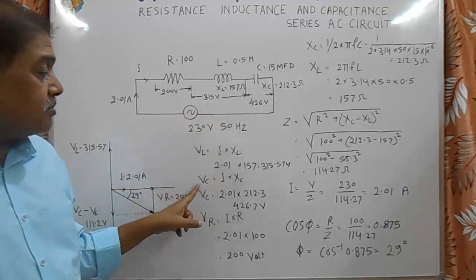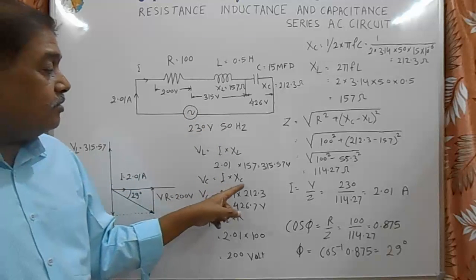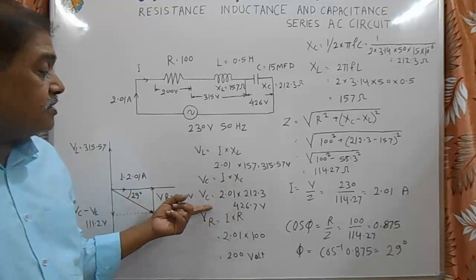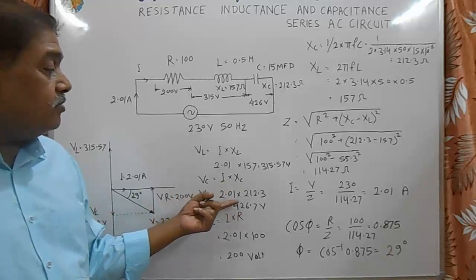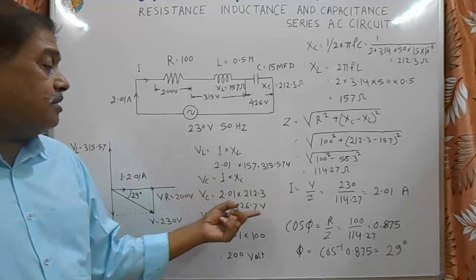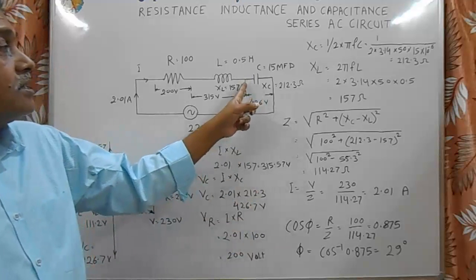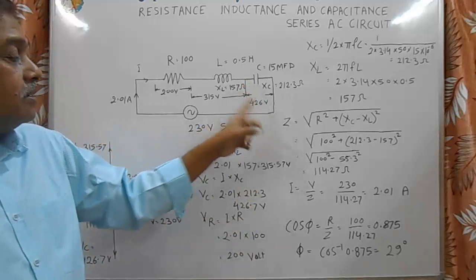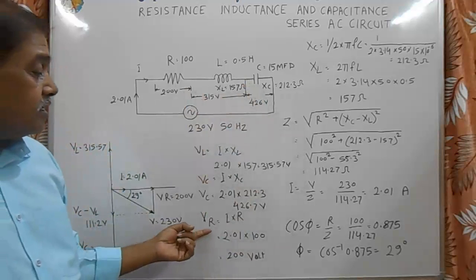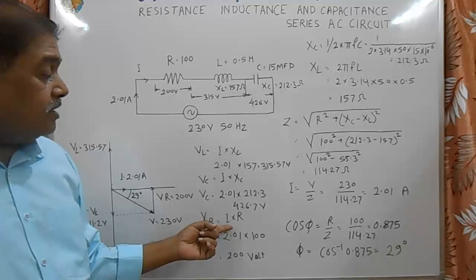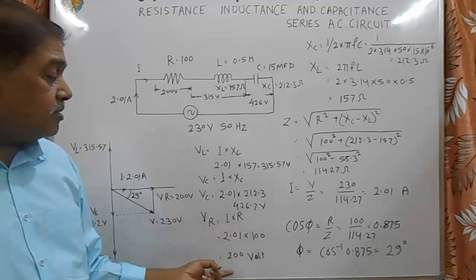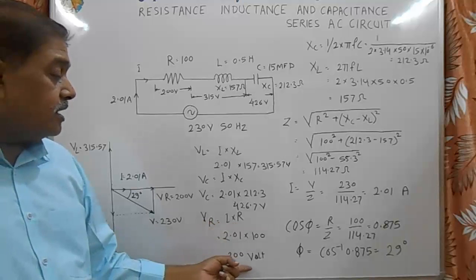Again, voltage across capacitance is equal to I into XC. Therefore, VC is equal to 2.01 into 212.3, equal to 426.7 volt. The voltage across this capacitor is 426 volt, and voltage across resistance R, I into R, is equal to 2 into 100, or 200 volt.